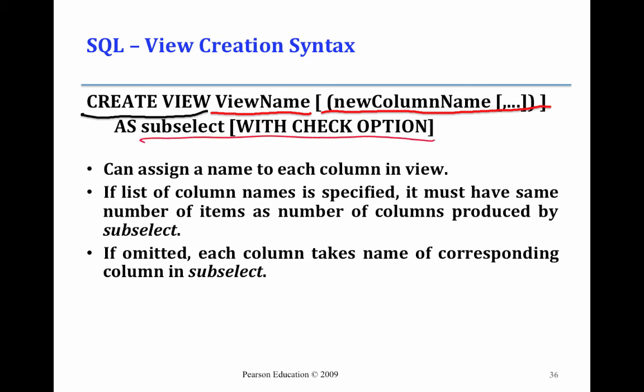And this right here is your defining query. This is the query that determines the tuples that will be in your relation. And that's exactly the same syntax as you would use for a regular select.